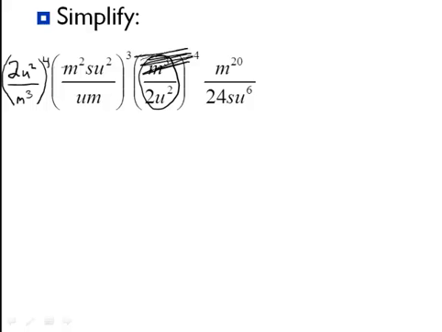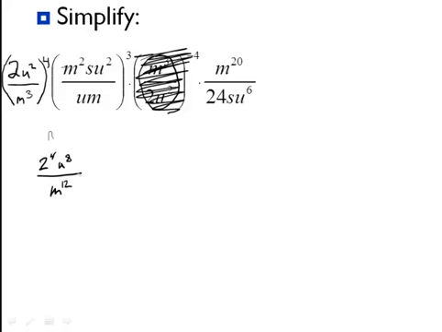So now it might be useful to use the distributive property on all of these groups. So that first fraction is 2 to the fourth power, and u to the 8th power, 2 times 4, and on the bottom, m to the 12th power.